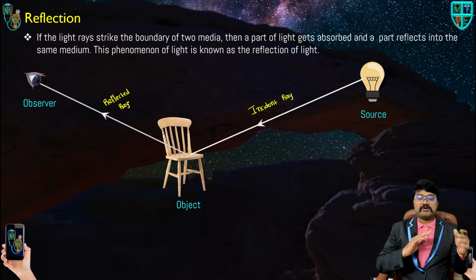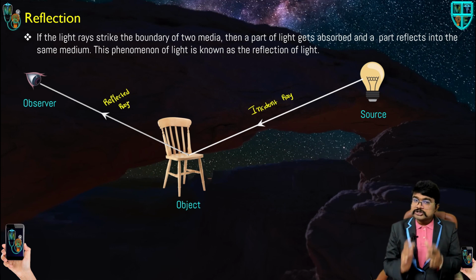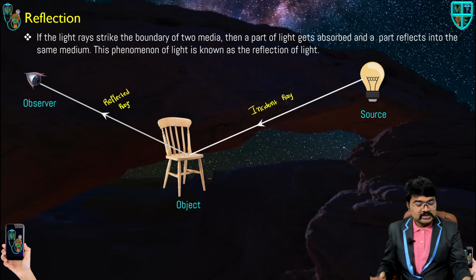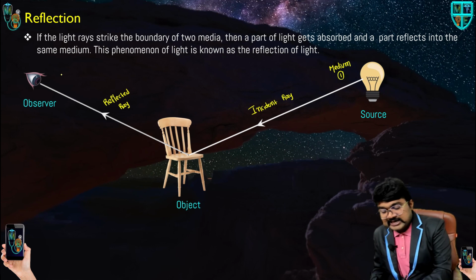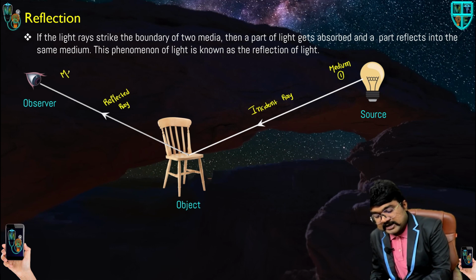Here, some amount of light is incident on the object from the source. I think this is medium 1. I can say that this would be medium 1. It is reflected to the same medium. The medium is the same here. Okay.